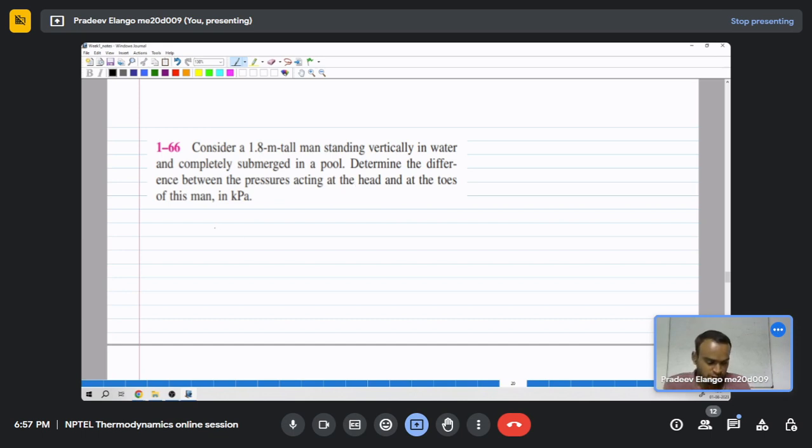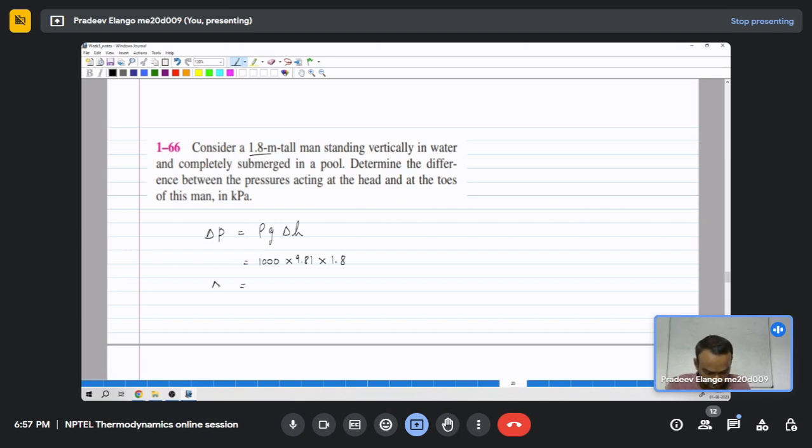So that would be his height, that is 1.8. So we have delta P equal to rho G into delta H, and rho is 1000 for water into 9.81 for acceleration due to gravity, and the height column is 1.8.